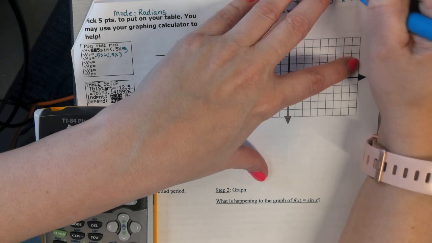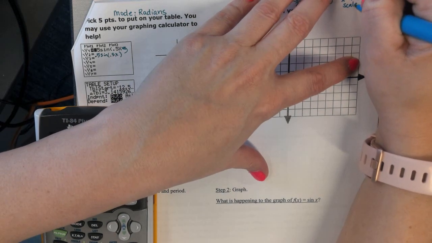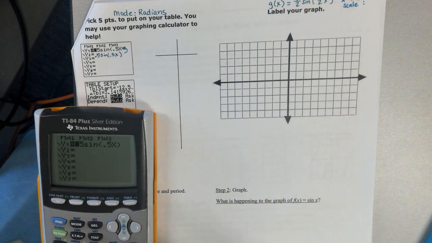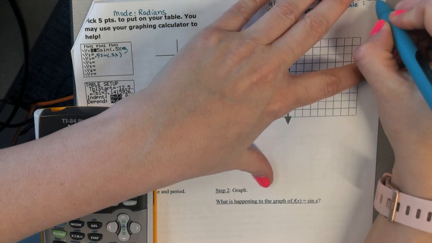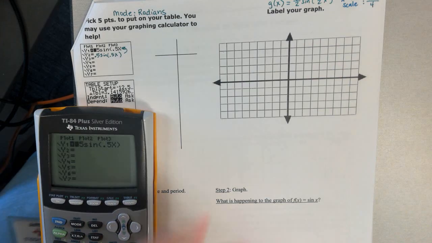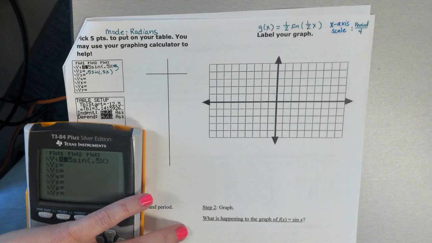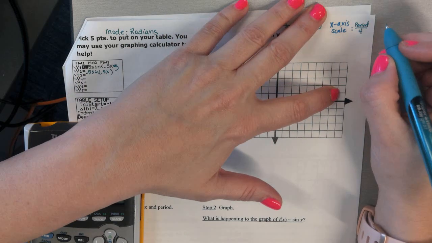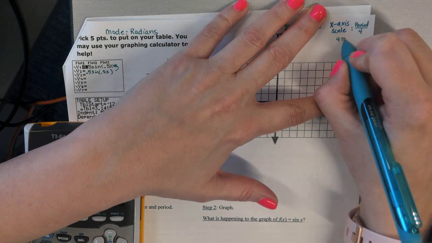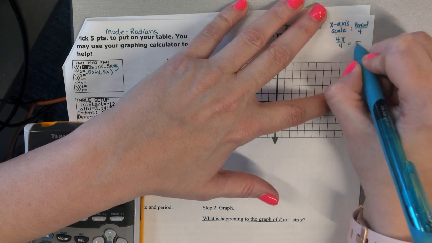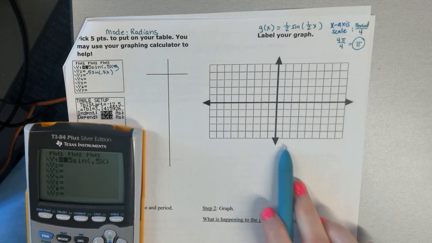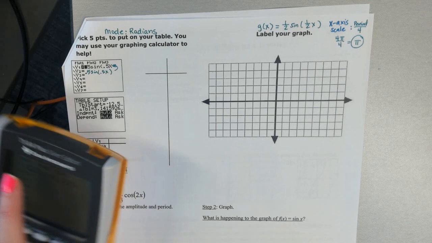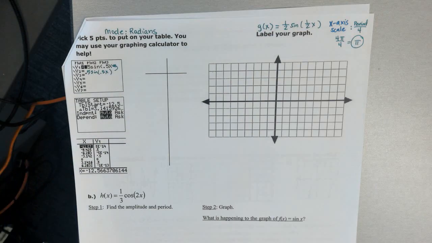So for the x-axis scale, a good way to determine that is to do the period over 4. Remember, our period for this was 4 pi. So 4 pi over 4 is pi. Now you can choose to do every little line as pi or every other one. I'm going to do every other one just to give us some room here.